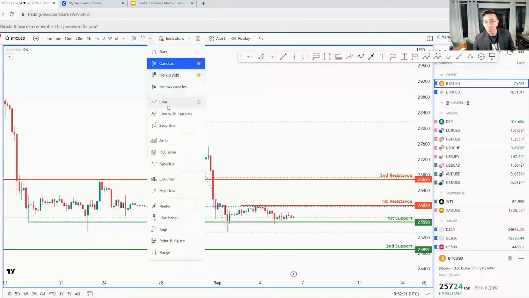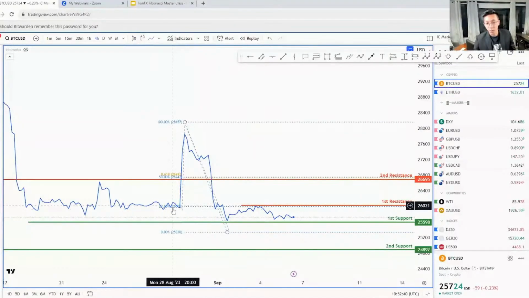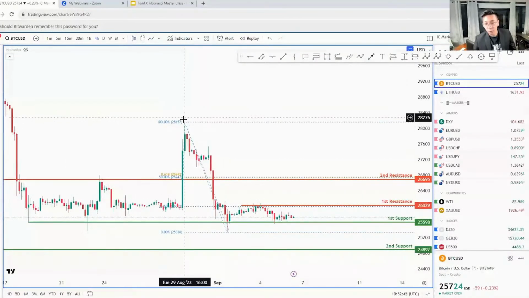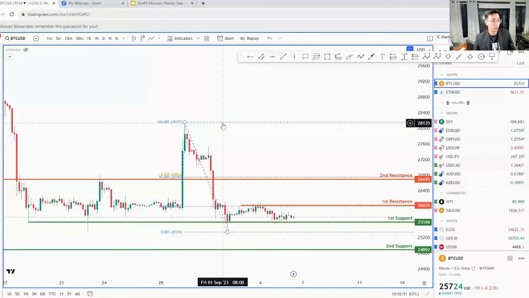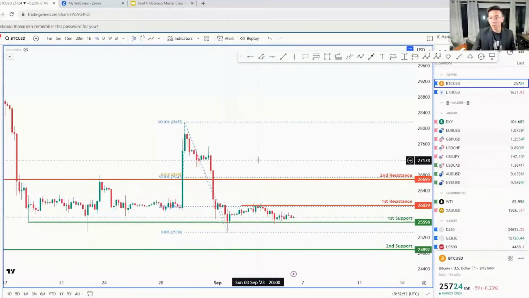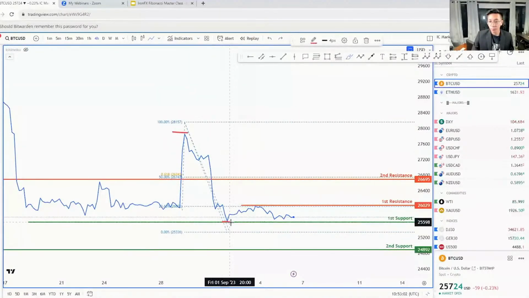Sometimes, rarely, if I can't really see, I will use the line chart and then I'll pick these lows right here. Then I will draw to the highs over here and then to the lows, just to make sure that I'm not missing out the peaks, because on the line chart you can see that these are the max of the candlestick, right?